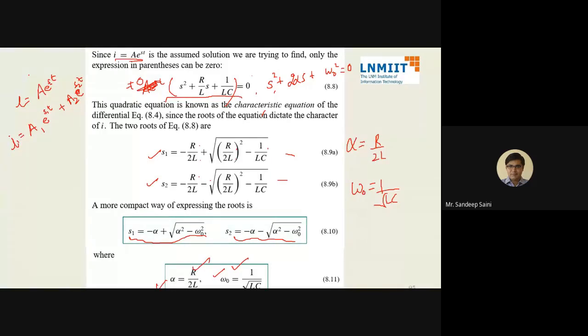S1 and S2 I have already calculated. Now my focus is only on the calculation of A1 and A2, and let me tell you a very simple way of calculating them. Put t equal to 0. That means I of 0 will be A1 plus A2.